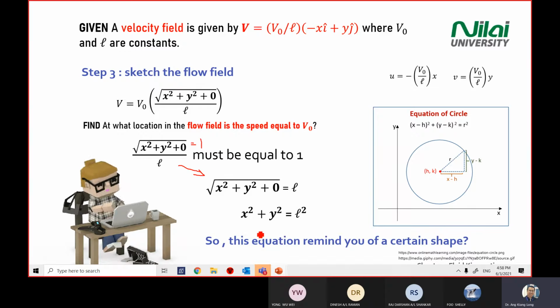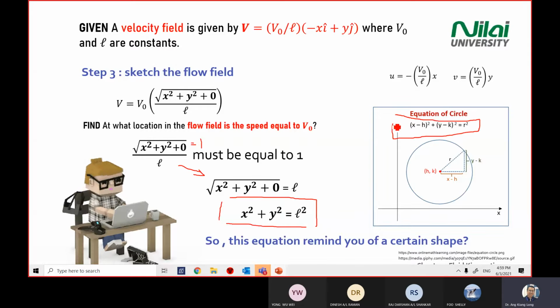Yes. And in the question that we need to solve, we arrive at x squared plus y squared equal to L squared. You compare this equation and this equation. My question is, what is the value of h and k, if you compare side by side?